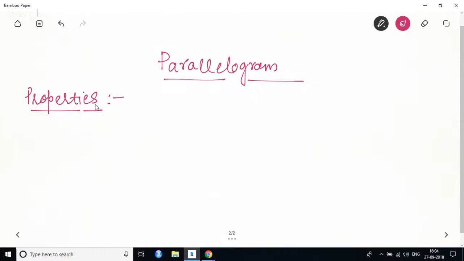There are a few theorems which have been given. First theorem is, suppose you have a parallelogram, something like this, and if you draw a diagonal, so suppose I mark it ABCD, this diagonal will divide the parallelogram into two congruent triangles.